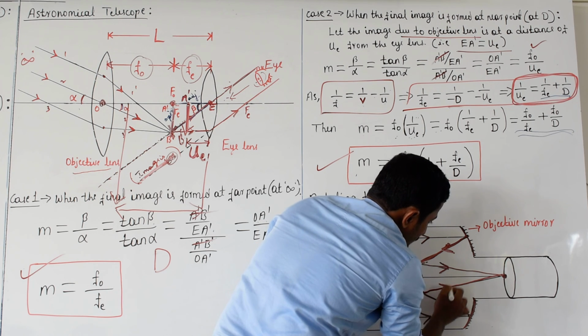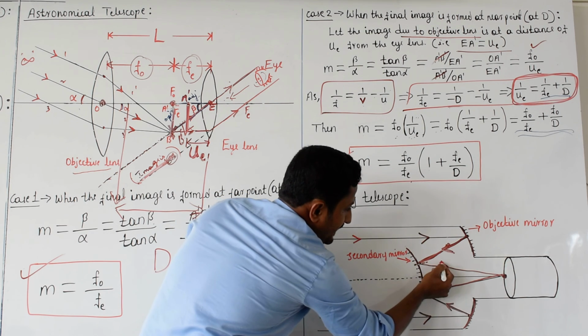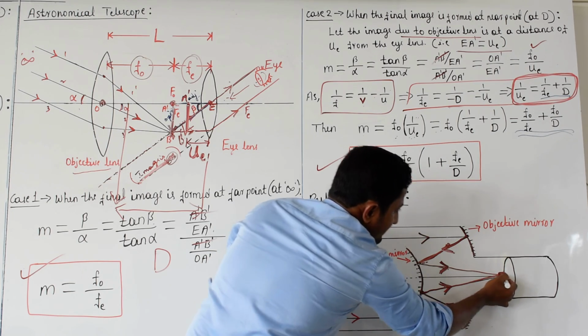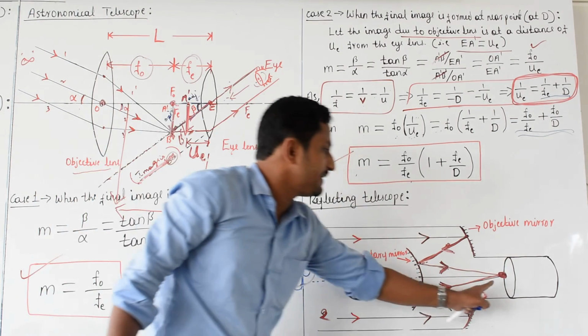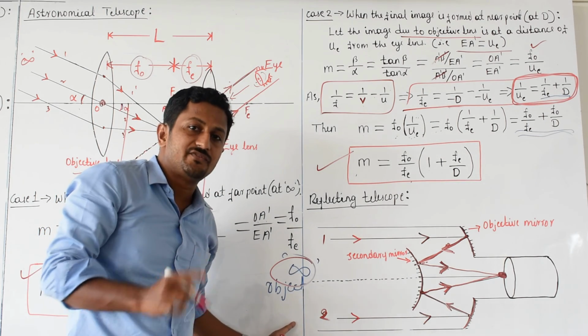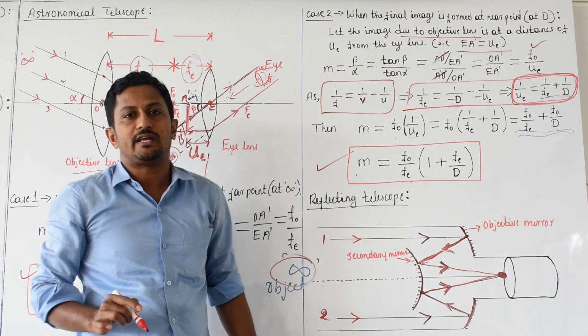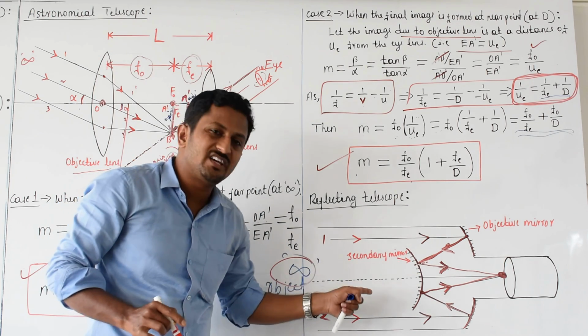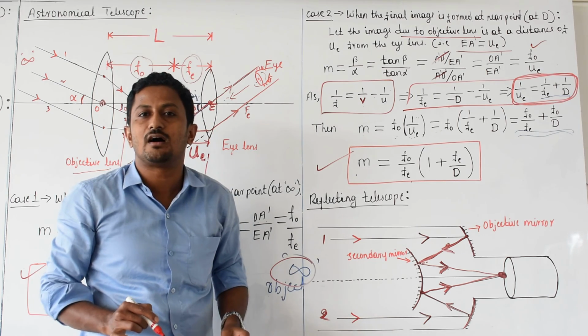Yes, those two reflected light rays merge here. They intersect there, and there they produce the image of that object which is at infinity. Here we got the image due to the phenomenon of reflection.